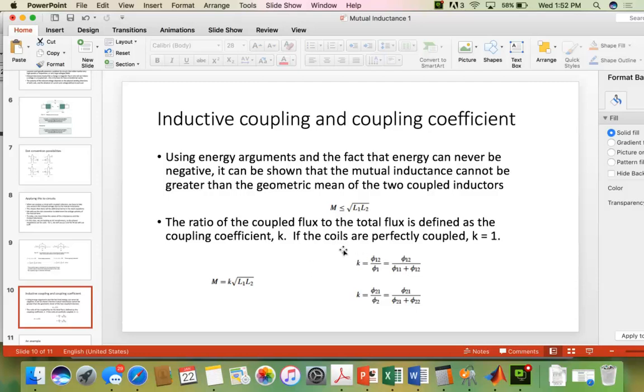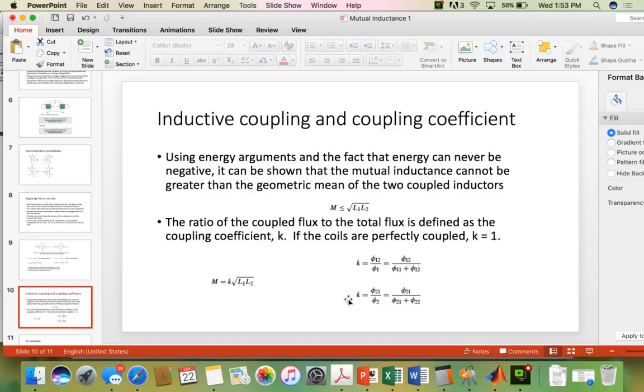So another way to think of the coupling coefficient is if we have two coils, coil number 1, which has total flux of phi1, and if phi12 is the flux that's shared between coil 1 and coil 2, then basically K is a ratio between the flux that gets shared and the flux that is confined only to coil 1. And we can reverse that and look at it from a coil 2 perspective. K will be the same because the coupling coefficient is a geometric factor.